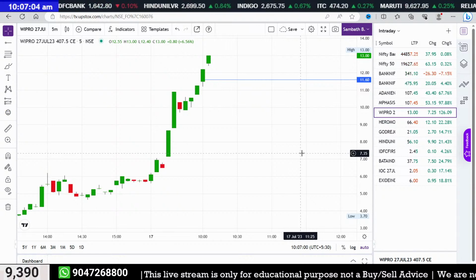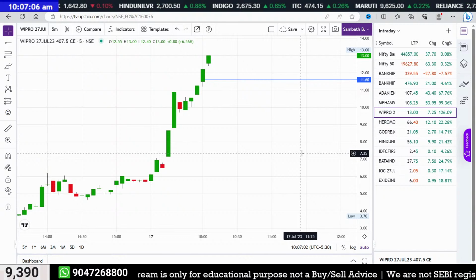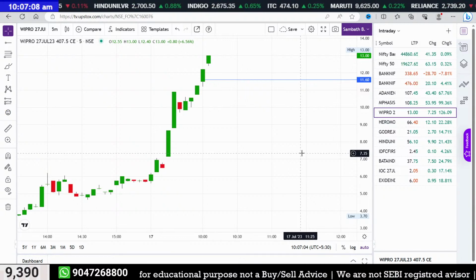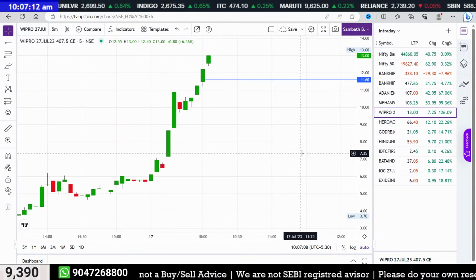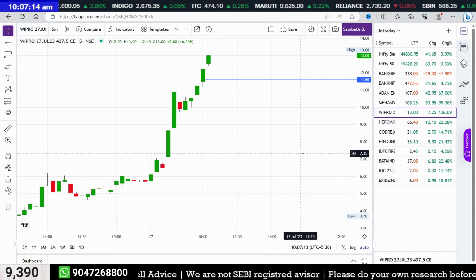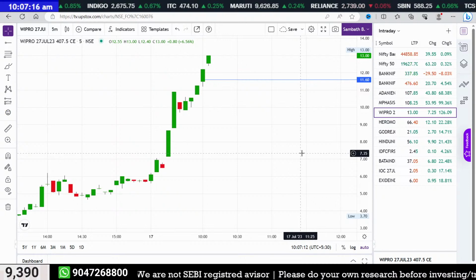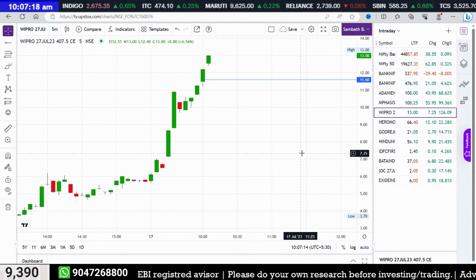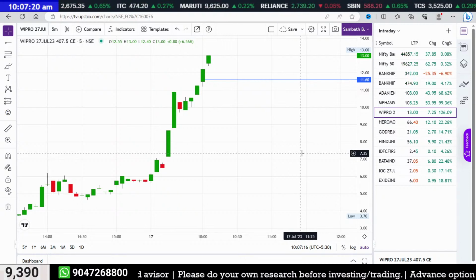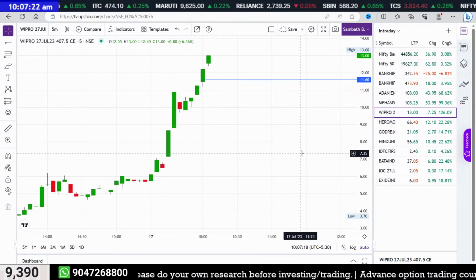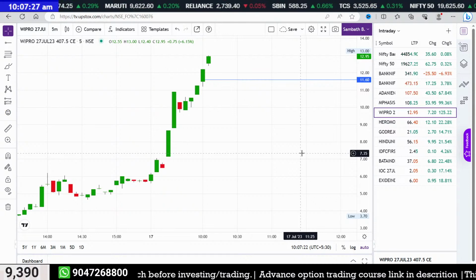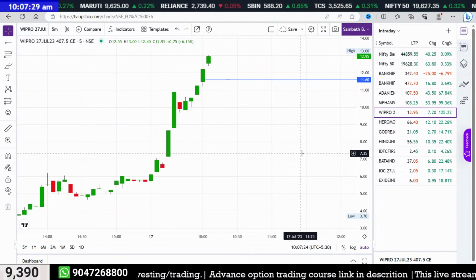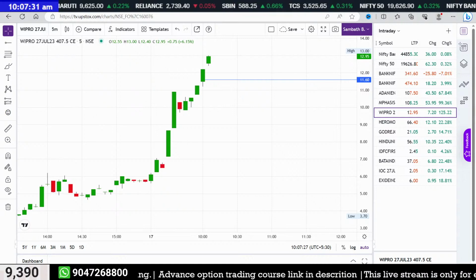Banknifty slightly moving, 62 points from previous close. Did you find any other stocks?